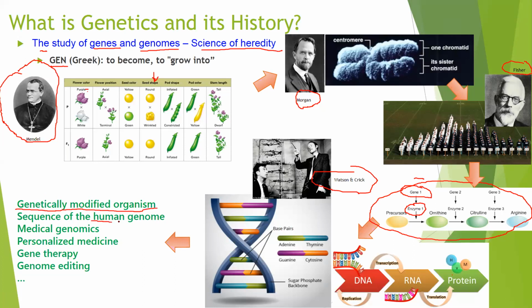For human genomes, we can use advanced sequencing technology to get the sequence for each individual, and then check that information to find out the reasons for diseases or disorders.